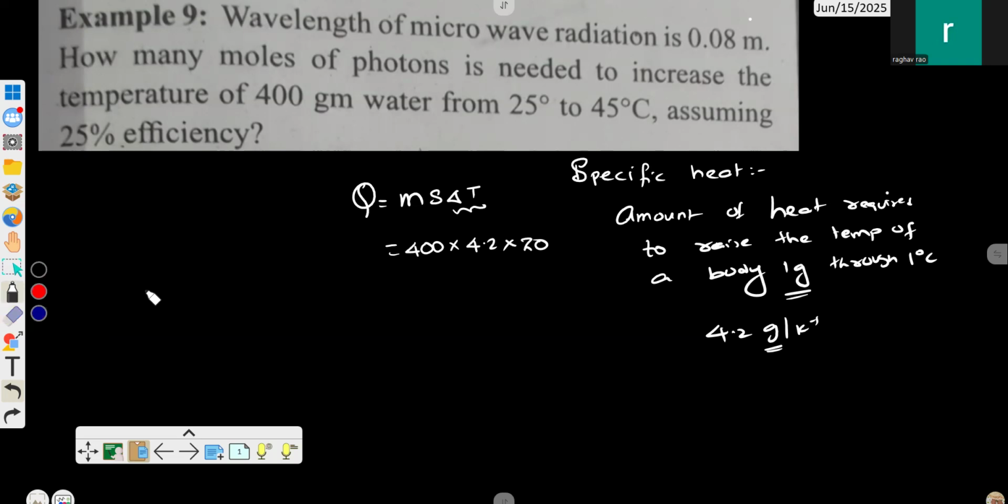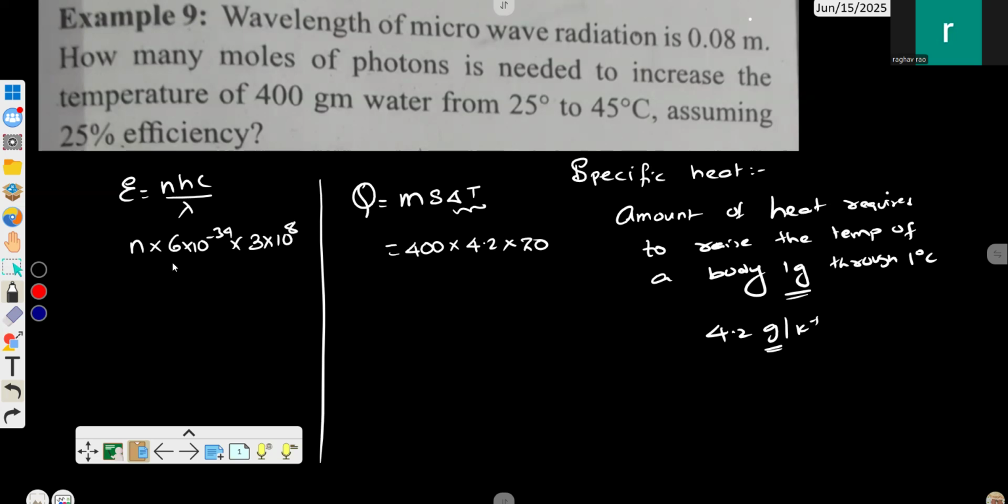Now let us see how many moles of photons are required. So for the energy due to photons, we know that E is equal to nhc by lambda. Here n is the number of photons, h is Planck's constant, which is 6 into 10 power minus 34, c is our speed of light, which is 3 into 10 power 8 meter per second, upon wavelength, that is 0.08 meters.